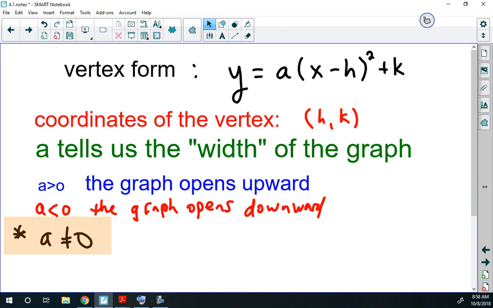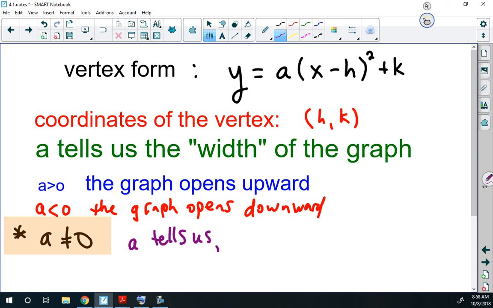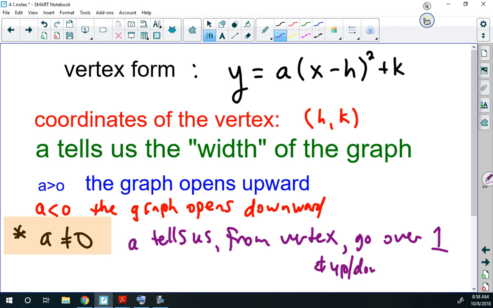I'm going to say one more thing about a before we move on. A tells us from the vertex, go over 1 and up or down a units. That's what the a value tells us.